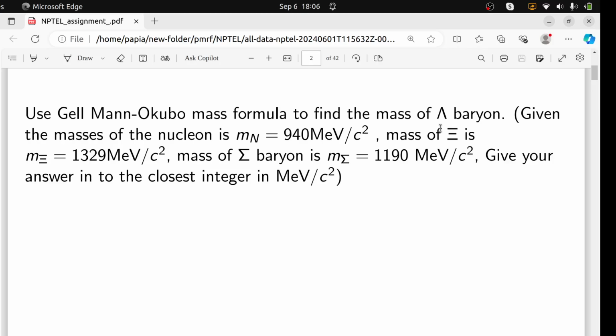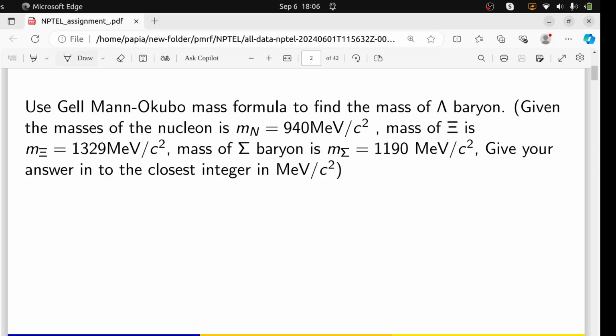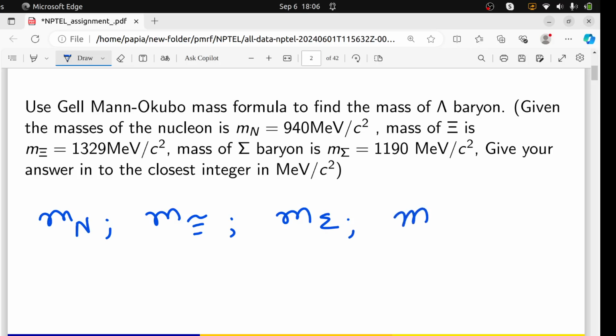Now I'm writing down what data are available: Mn is given, M cascade is given, M sigma is given. We have to find the value of M lambda.